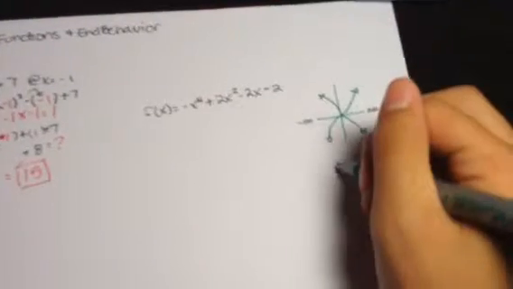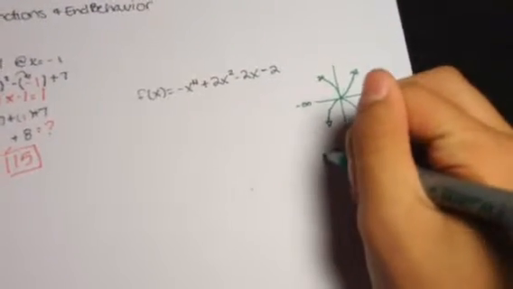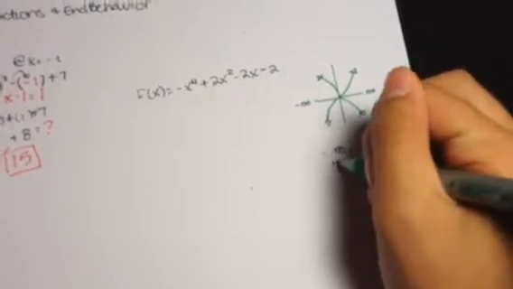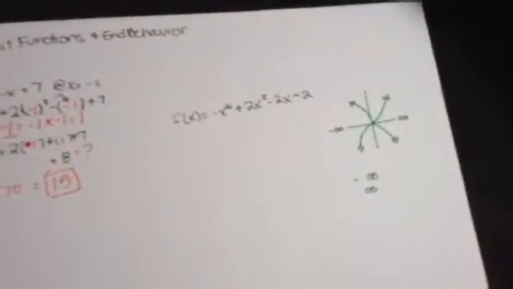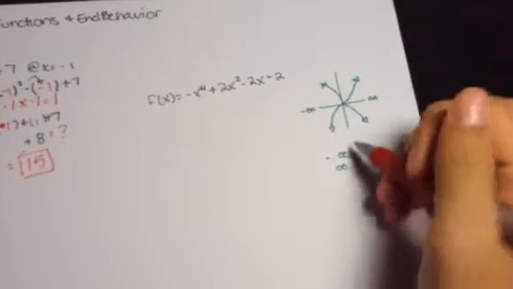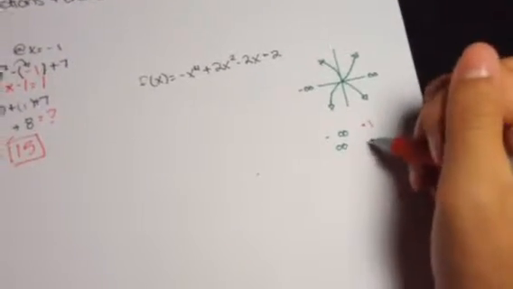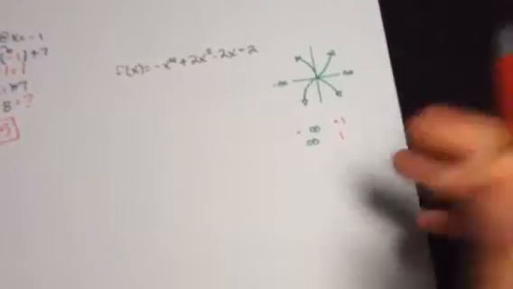For negative infinity, we want to plug in a negative number because it's on the negative side, so that's representing negative. So we have a -1 and a +1. And -1 and +1 are always the easiest ones to do, so I recommend them.